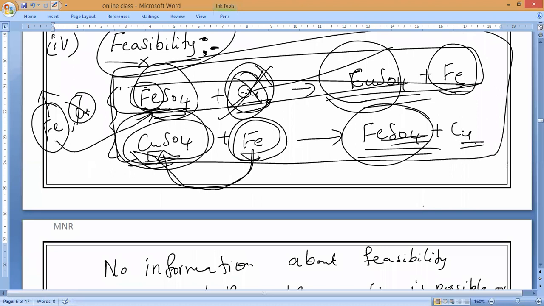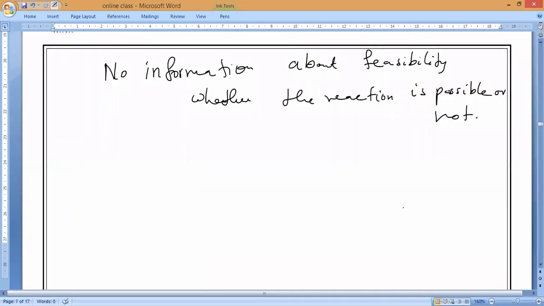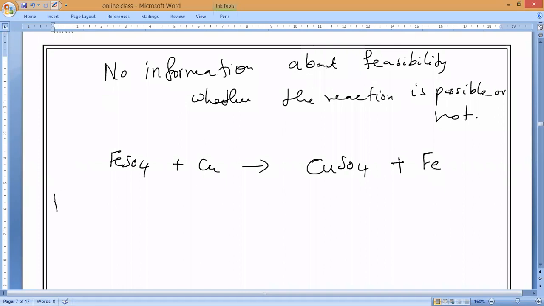So we cannot get feasibility information, whether the reaction will be carried out or not, from the balanced chemical equation. For example, in the exam they will give you FeSO4 plus Cu will give you CuSO4 plus Fe directly to confuse you, and ask you to balance.